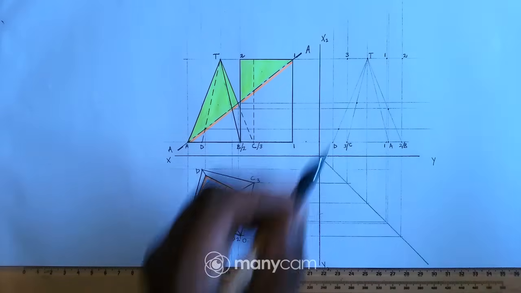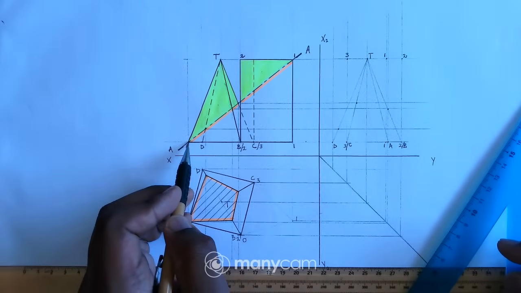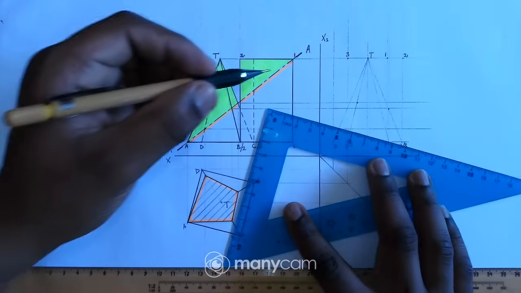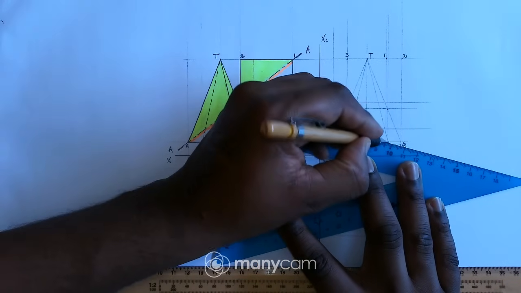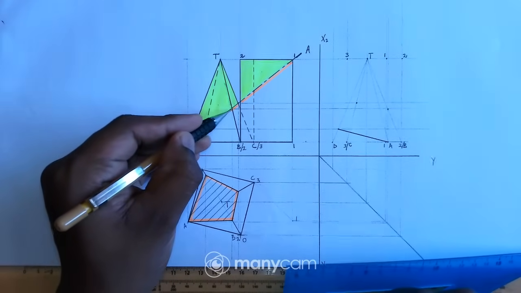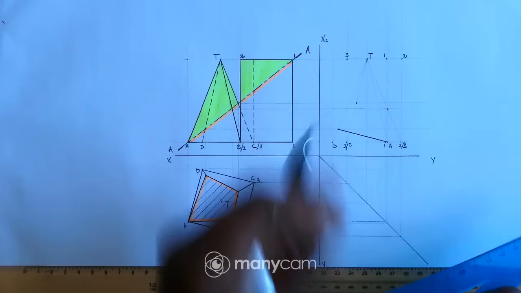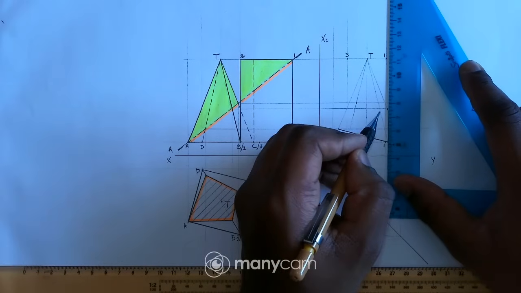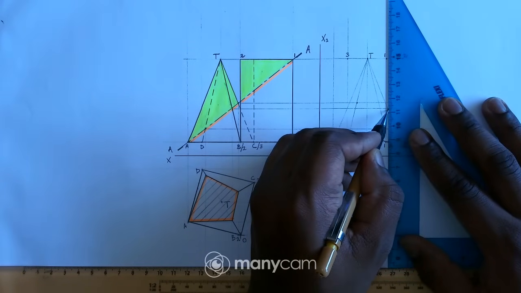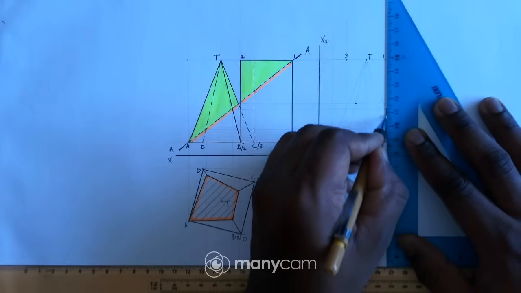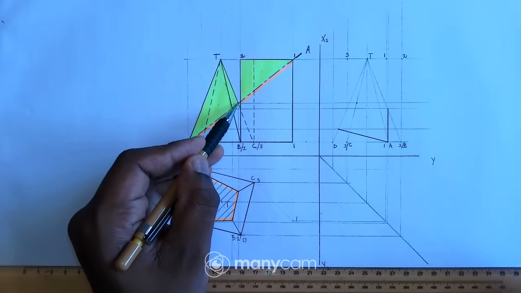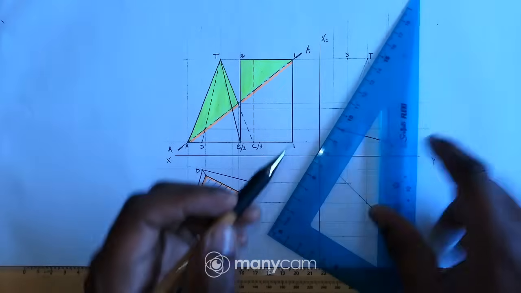So now I'll have to connect the points. Obviously, the cutting plane starts at point A, right? And it goes up to that point. So I can just draw a straight line all the way to there, and then goes up to that point, which is that point. Draw a straight line there, okay, and then up to that point, which is this one.